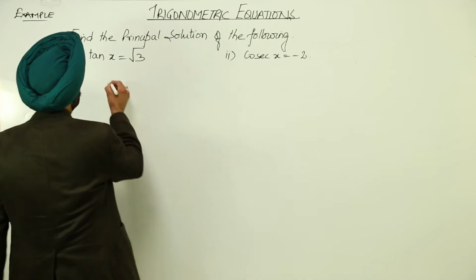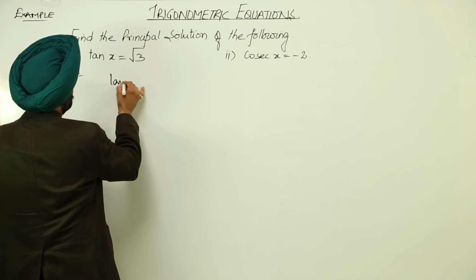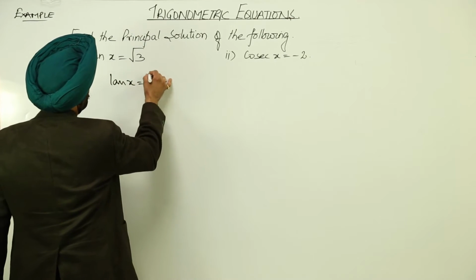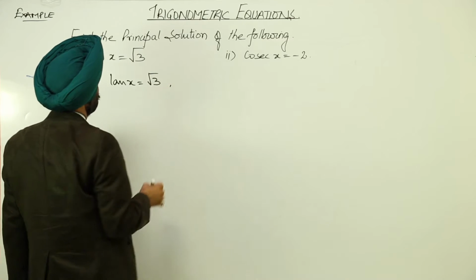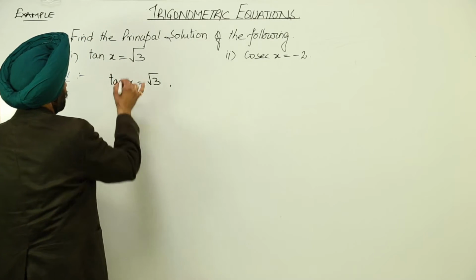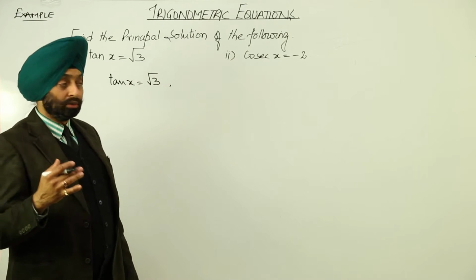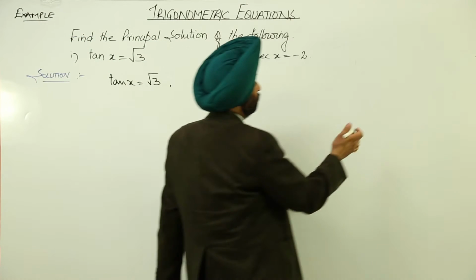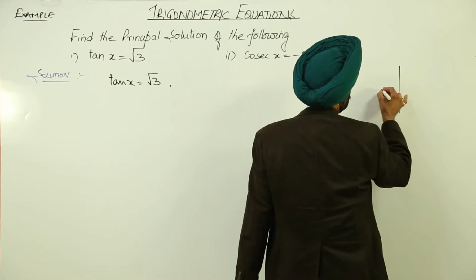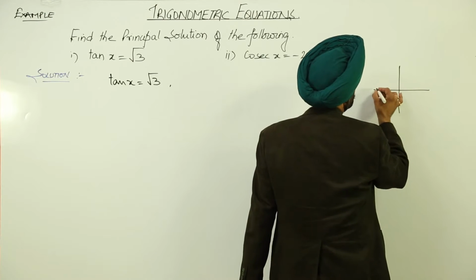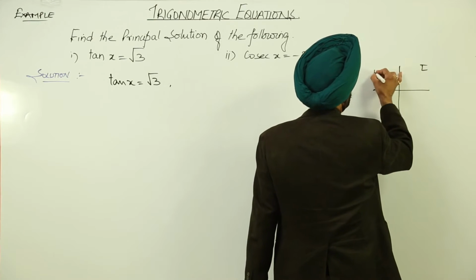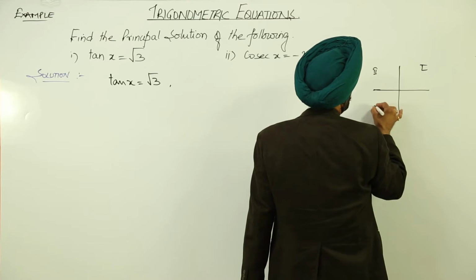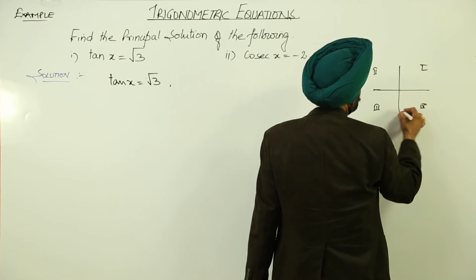Number one is tan x is equal to root 3. Now we have to just check what the value is for root 3. If you remember, these are the quadrants: first quadrant, second quadrant, third quadrant and fourth quadrant.